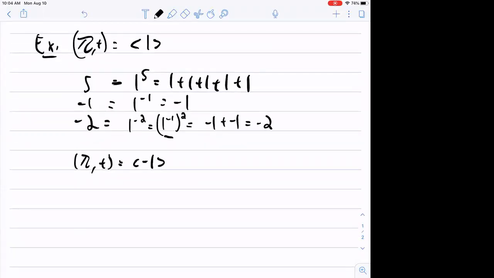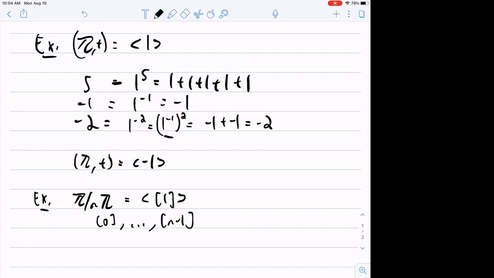Okay, now Z mod nZ, the remainders mod n. Hopefully it's clear it's generated by 1, because the remainders mod n are 0 all the way to n minus 1.